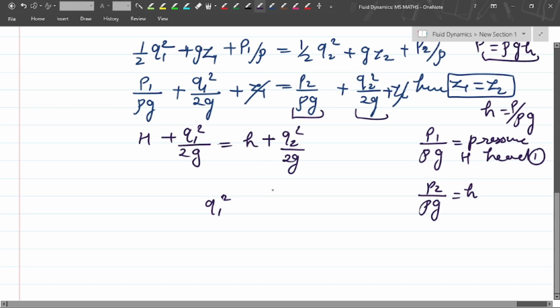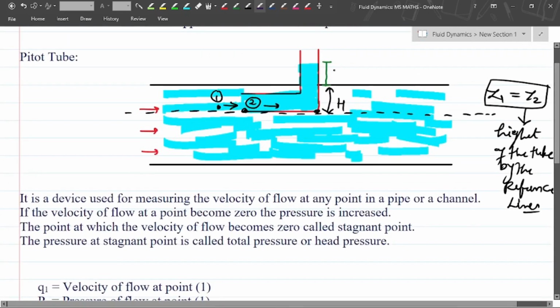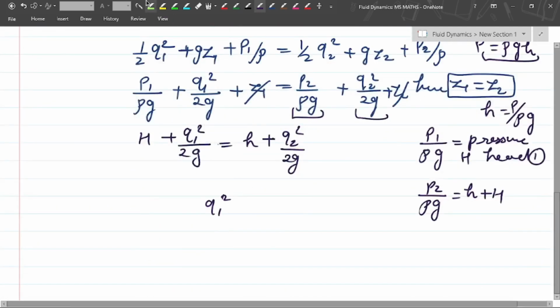basically for p2 it will be small h plus capital H, because this is your small h, this complete length h plus H will be represented by the pressure at this point p2 and pressure at this point p1. For this p2 we will write rho g into small h plus capital H, plus q2 is 0.